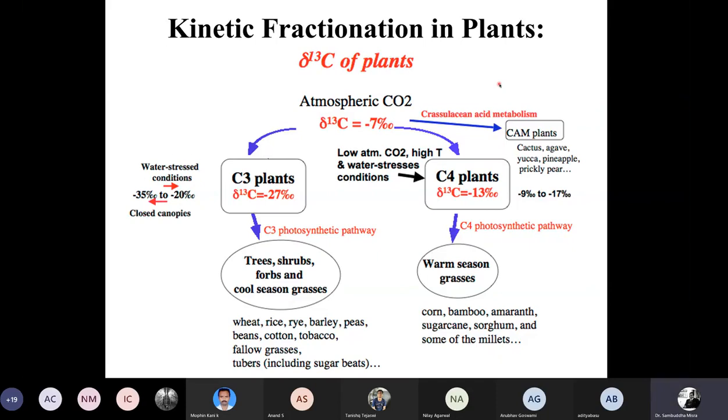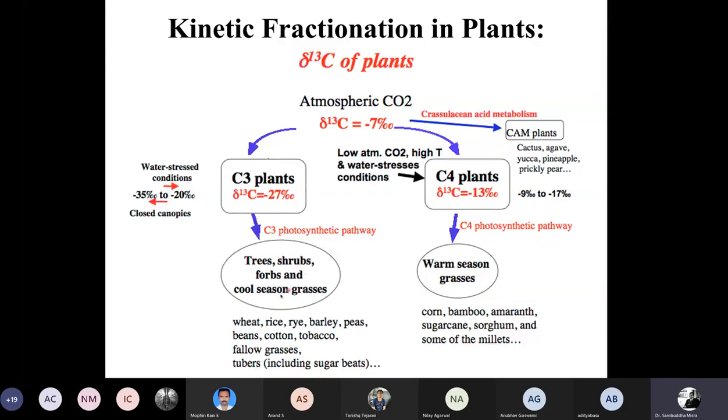Now, plants that live and grow in equilibrium with atmospheric CO2 will have their distinct isotopic signature. C3 plants have an average isotopic signature of -27 per mil, and C4 plants have an average of -13 per mil. And then there are the CAM plants like cactus and agave, at about -9, which have a very different isotopic signature.